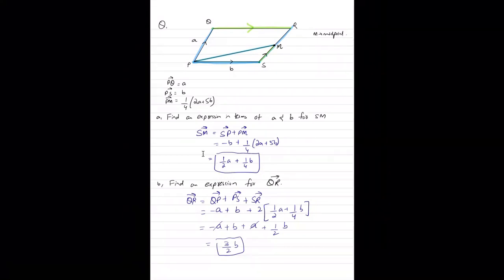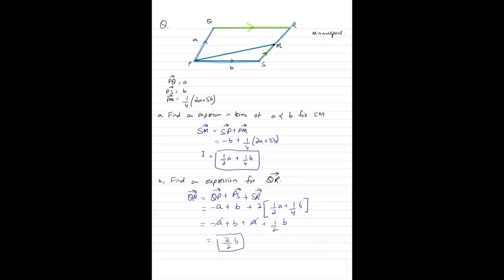Okay. Now you have been asked in the next part to describe this quadrilateral PQRS. What shape is it? QR is longer than PS.